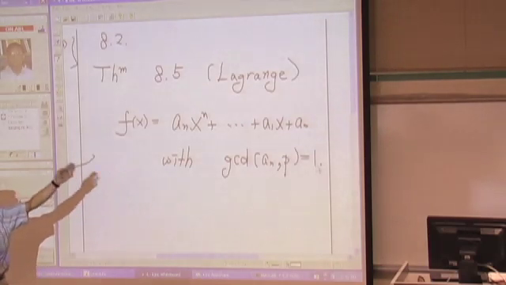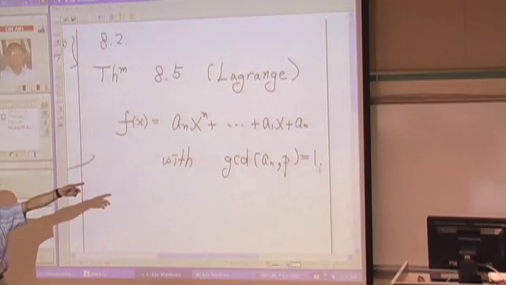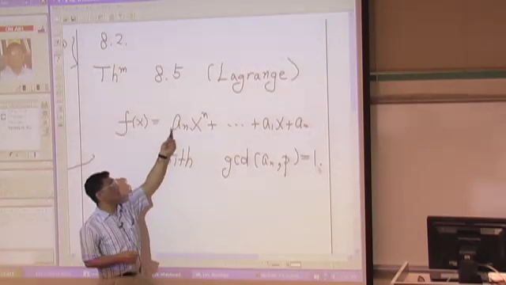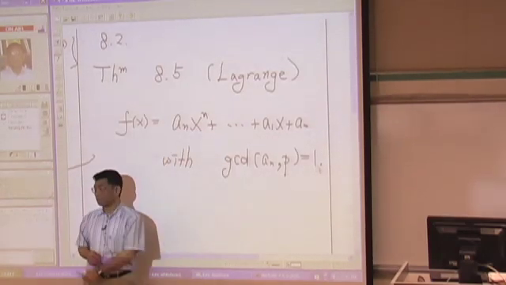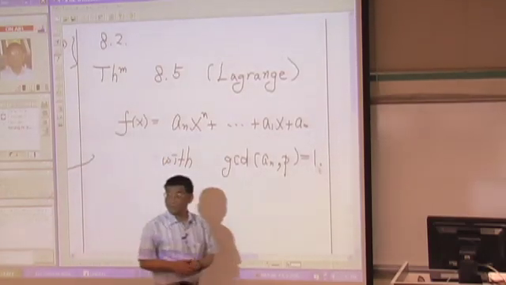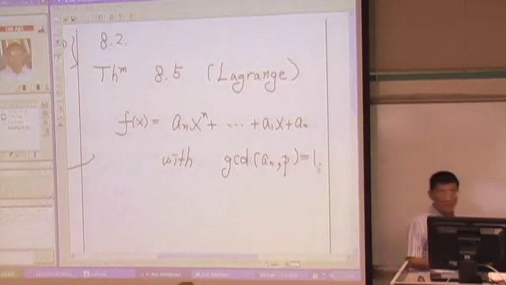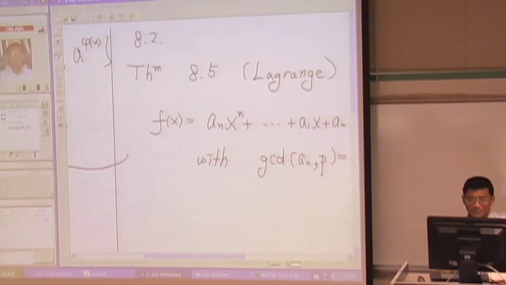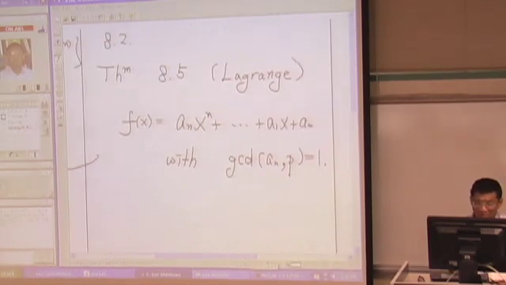So we assume that the highest coefficient is not divisible by p. Under this assumption, how many incongruent solutions can it have? That is the question. And Lagrange proved that.